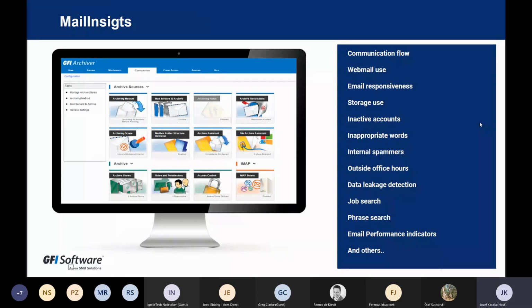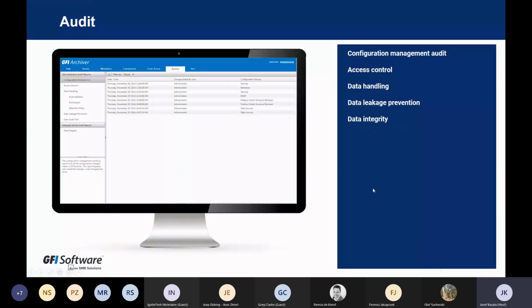Another feature which I would like to explain in bigger detail is the auditing. Auditing in this case is a security feature, but I would say it's more like passive security, because the auditing is not intercepting what is happening. You always need to have a look in the GFI Archiver or any archiving tool that it's working with the archive.